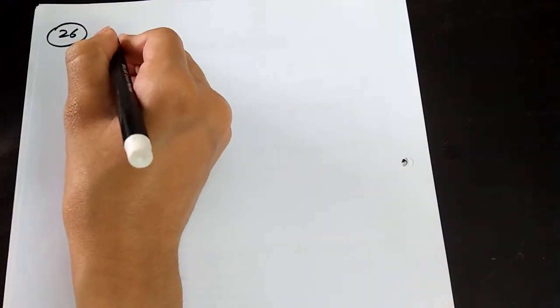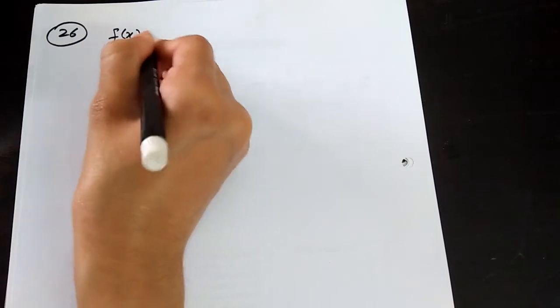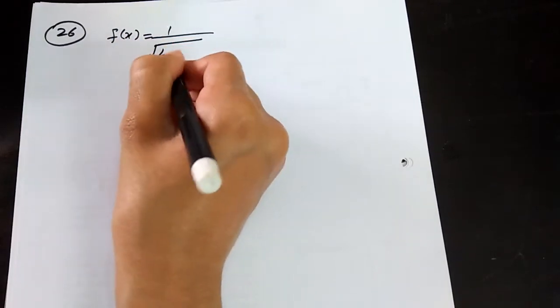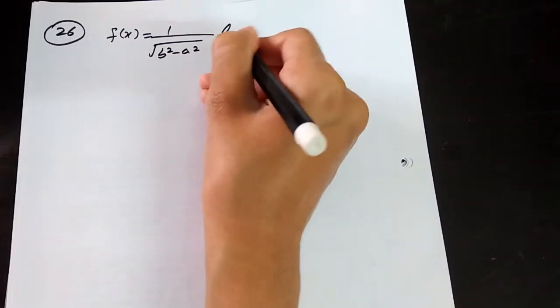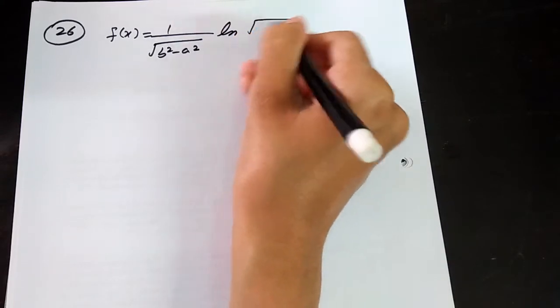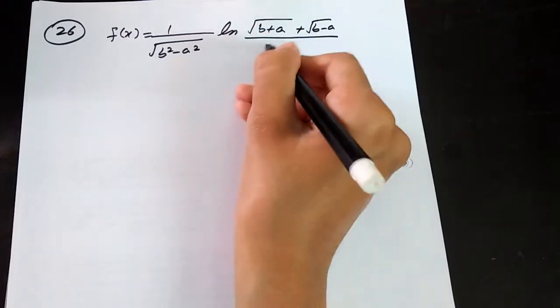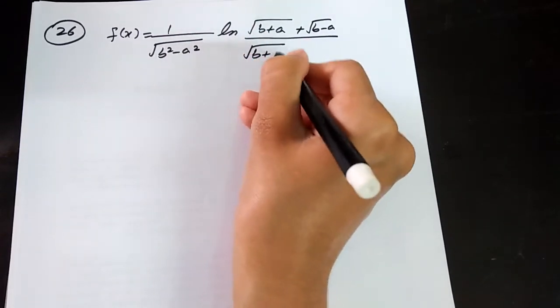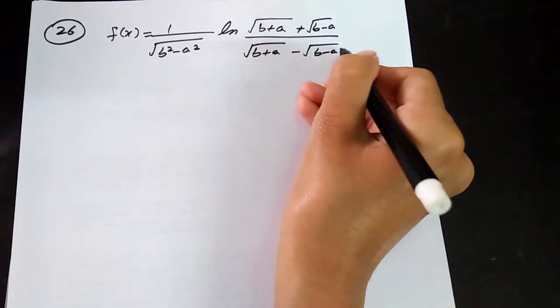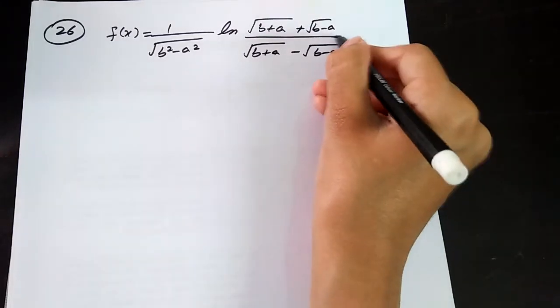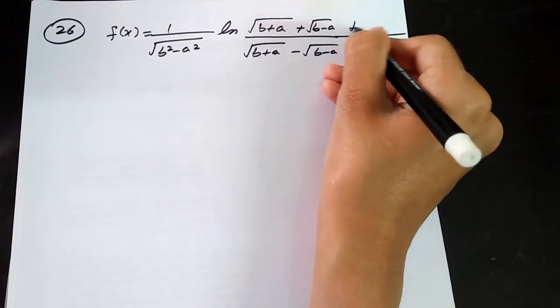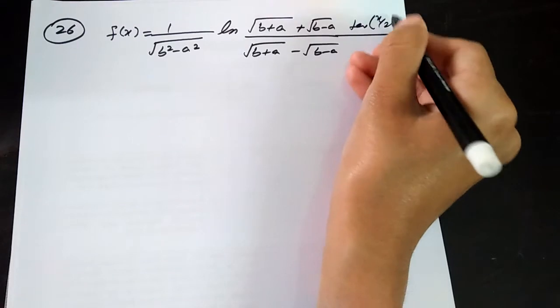Move on to question number 26. That is, we need to differentiate f of x equals 1 over under root b square minus a square ln of under root b plus a plus under root b minus a tangent x by 2, divided by under root b plus a minus under root b minus a tangent x by 2.